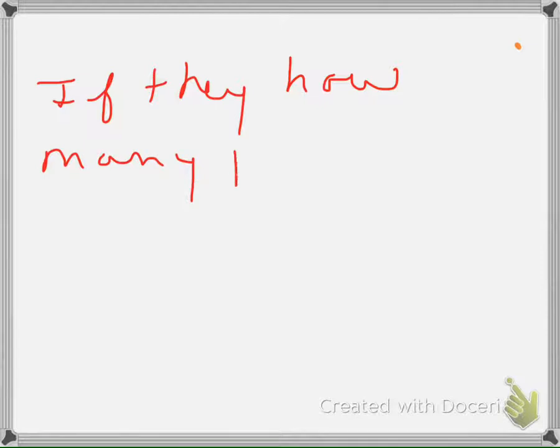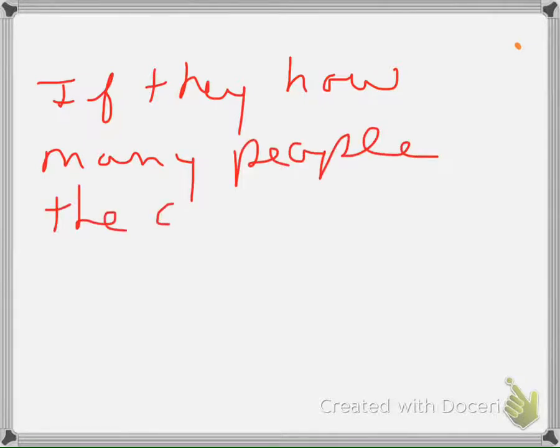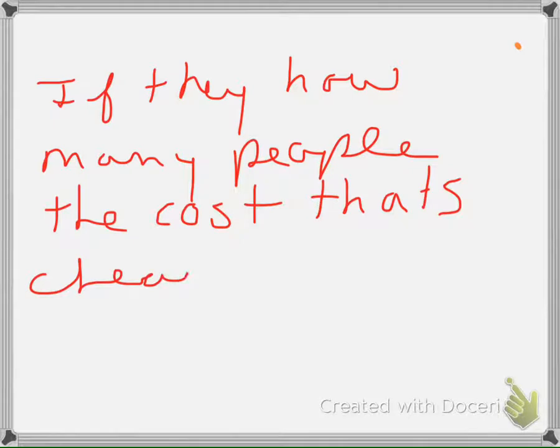So if you extended until they were equal, the way that would help the student council is they could decide how many people, so if they know how many people are going, they can figure out the cost that's cheaper at each company.